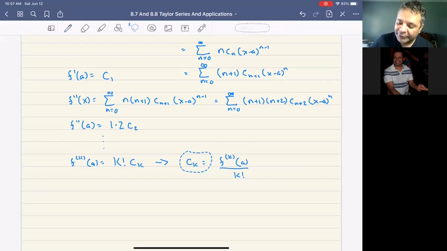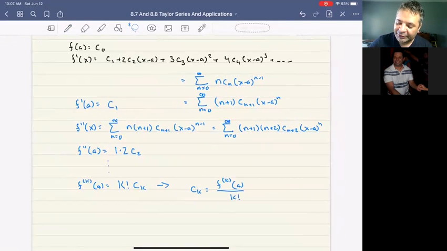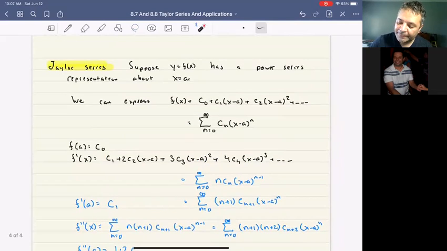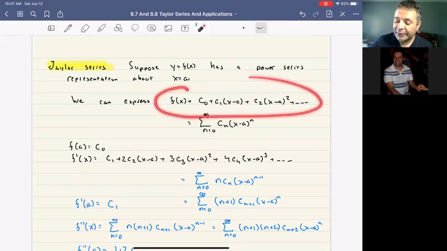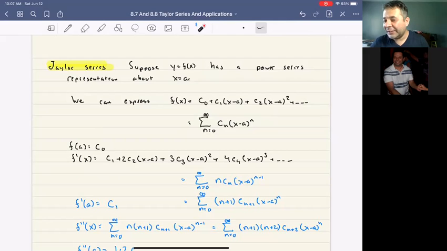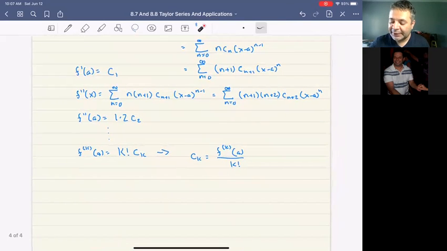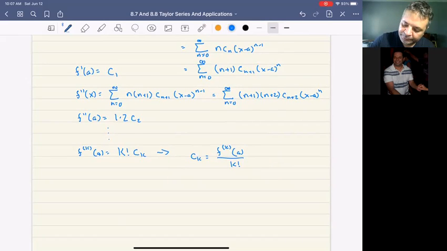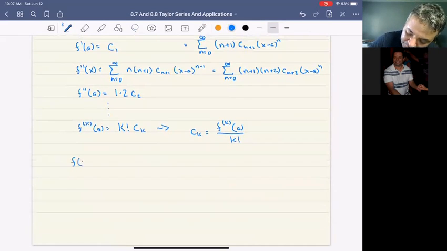And this allows us to write our Taylor series. So our Taylor series is going to be just the power series, and we can find the coefficients by taking derivatives of f. Okay? So f of x equals the sum, n goes from 0 to infinity.